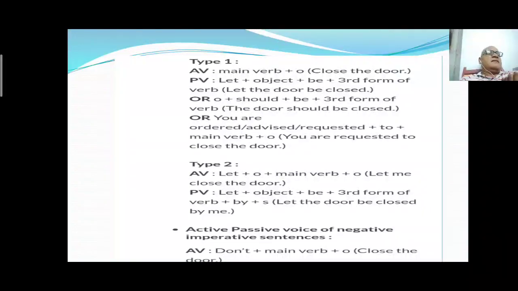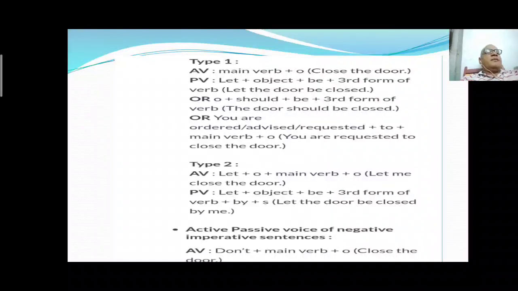This is the sentence. So when it is an imperative sentence, we need to write in passive voice with let. Let, object: Let the door be closed. Or object plus should be plus third form of the verb: The door should be closed.